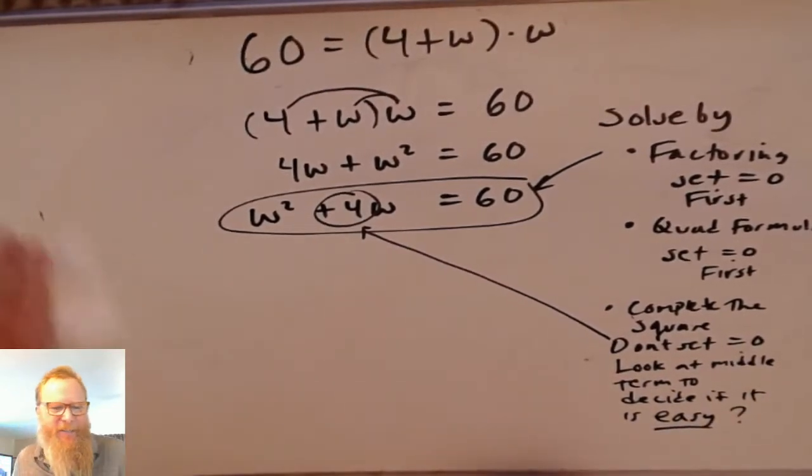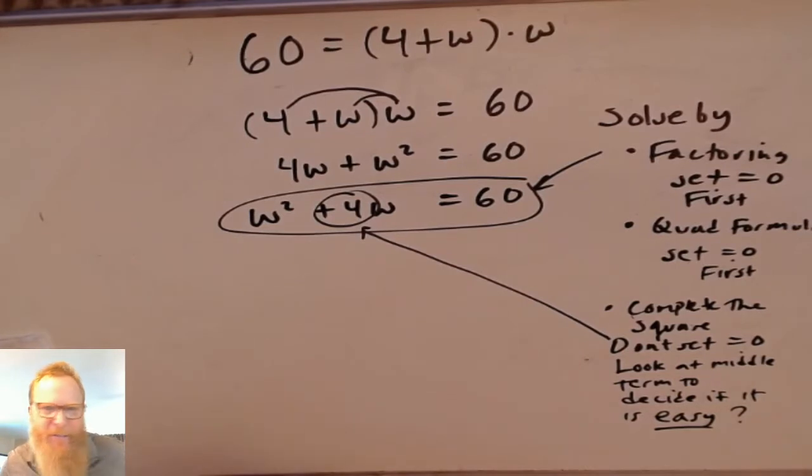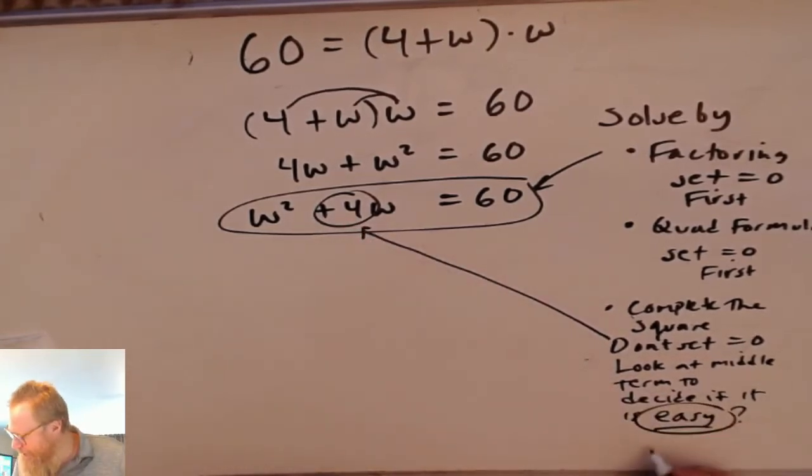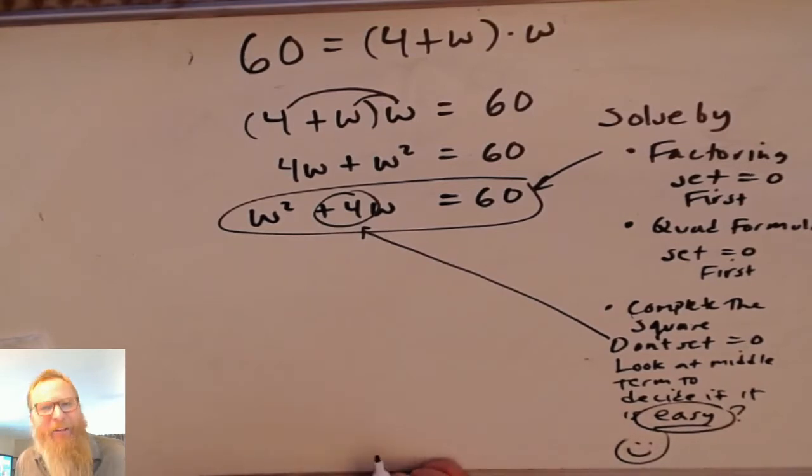Remember, I mentioned this in maybe the first or the second part of this lesson. If the middle term is even, then this is going to be easy. I'm definitely going to complete the square with this one.